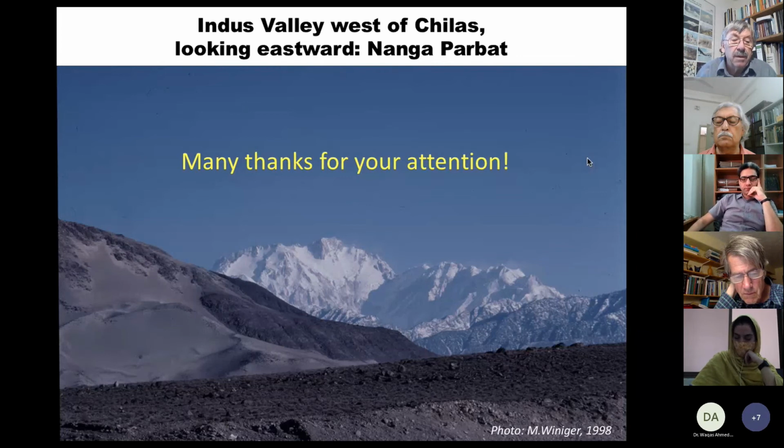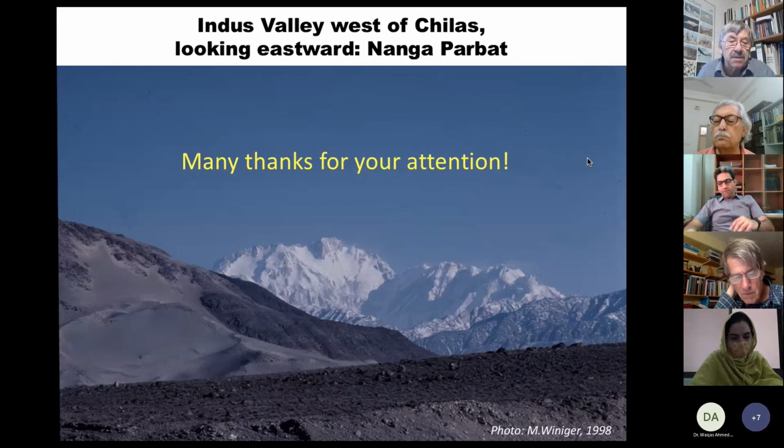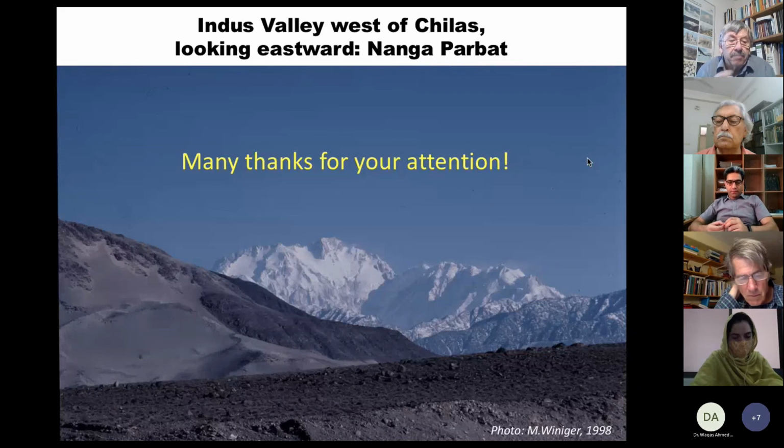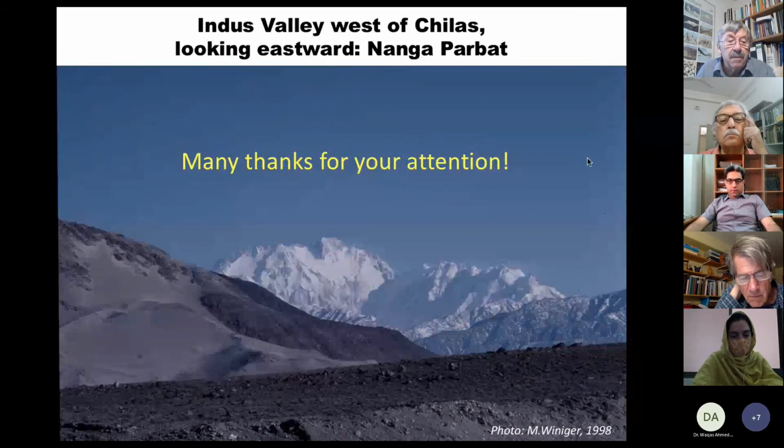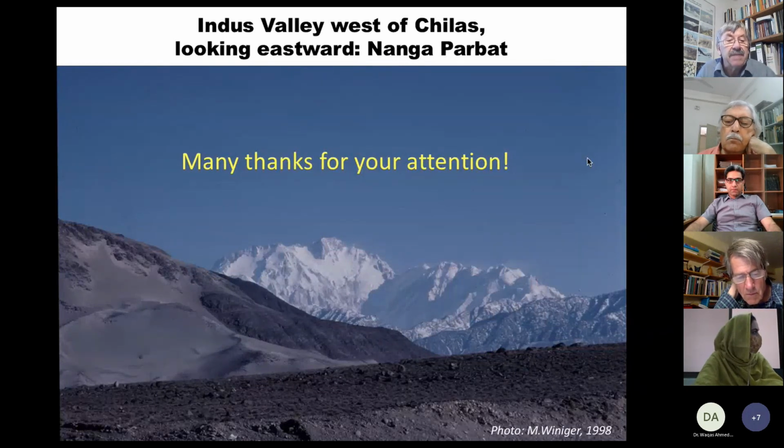If you would like to know about a regional one, you have to, of course, analyze maybe 100 or 1,000 trees, which has been done by some of the teams, including our team, covering not only North Pakistan, but also part of China and so on. And then you get a picture which really gives you information on an annual basis, sometimes even on a seasonal basis. That is one thing.